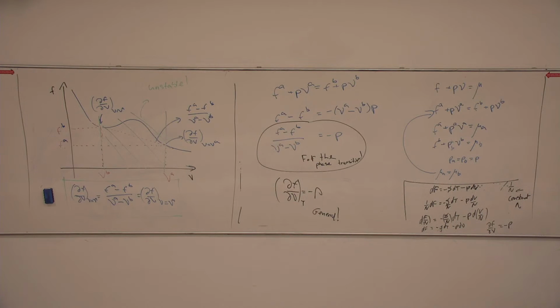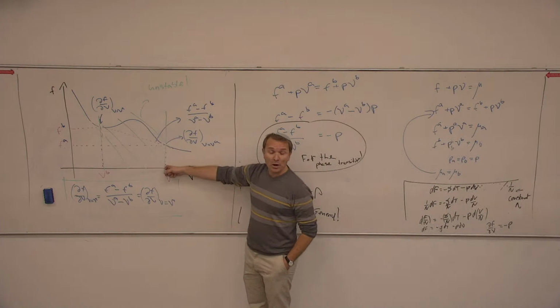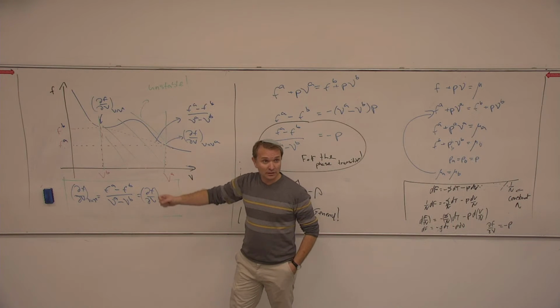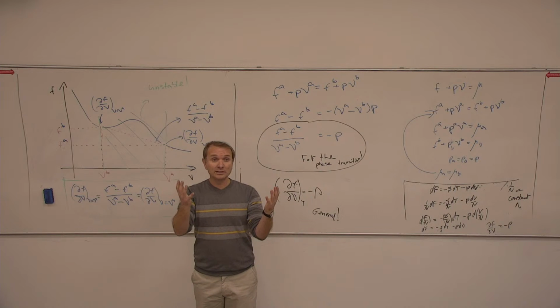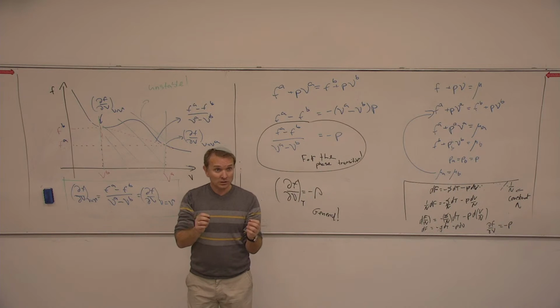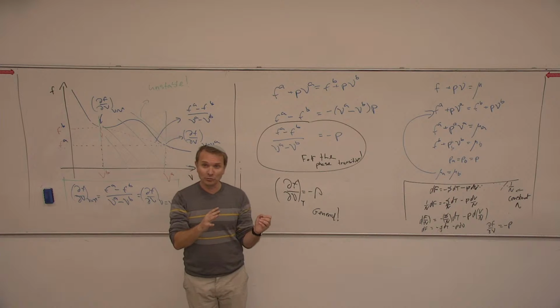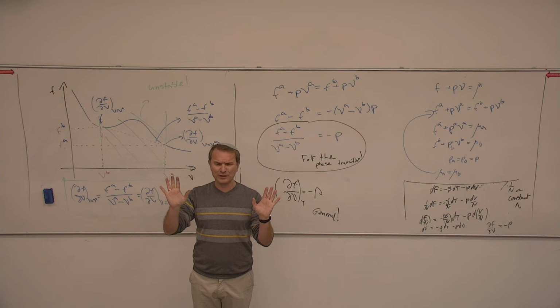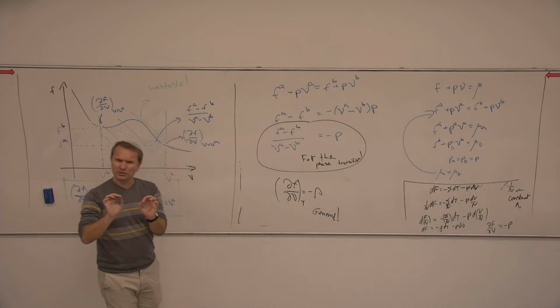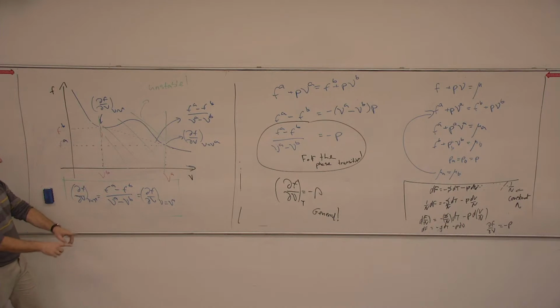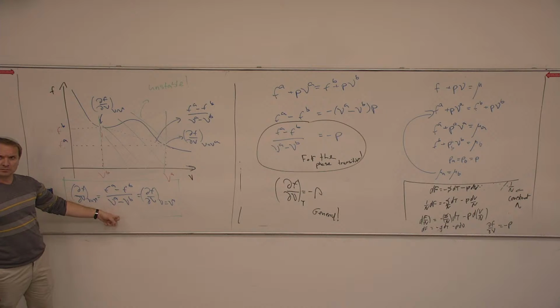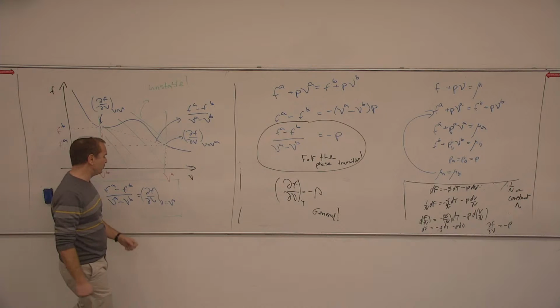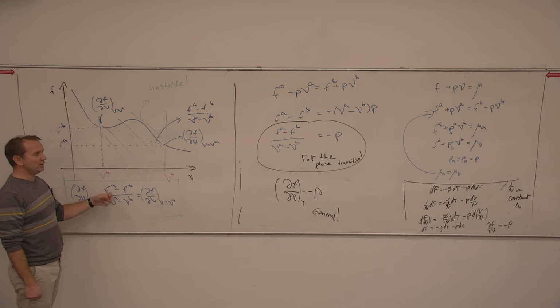Not as nice as maybe doing it in another way, but it only used the fact that there is a coexistence of two phases. A little bit to the right, a little bit to the left, we're going to see only one phase. But there's some specific point where the two phases coexist. How is this point defined? Solve this equation, and you will find the volumes and the free energies.